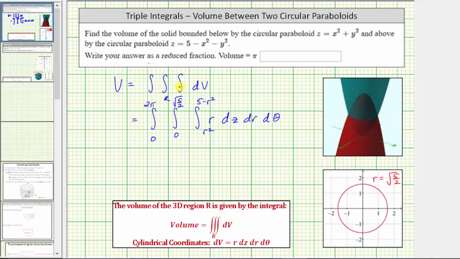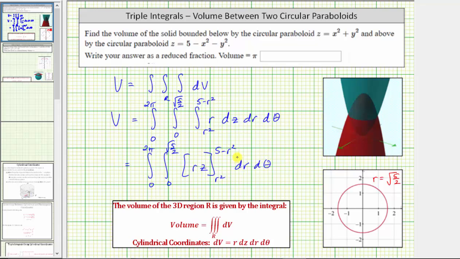So this triple integral will give us the volume of the three-dimensional region bounded by these two paraboloids. We first integrate with respect to z. The antiderivative of r with respect to z is going to be r times z. The limits of integration are from r squared to 5 minus r squared.